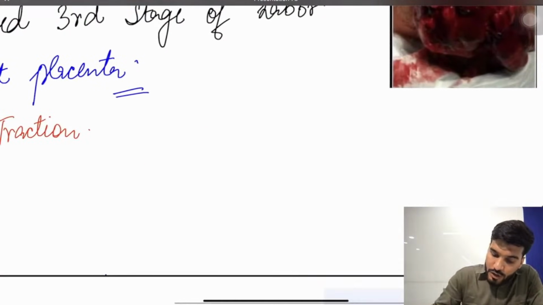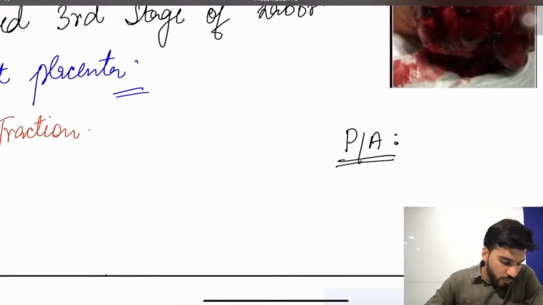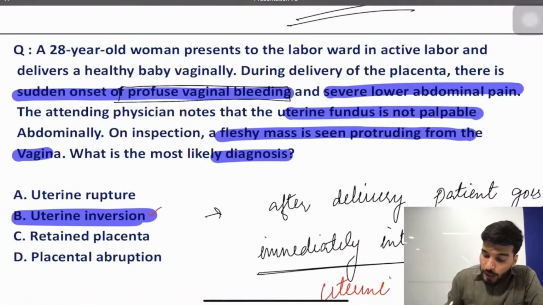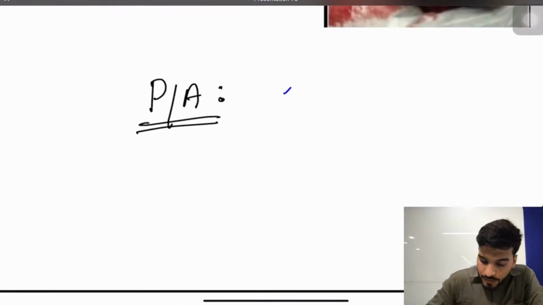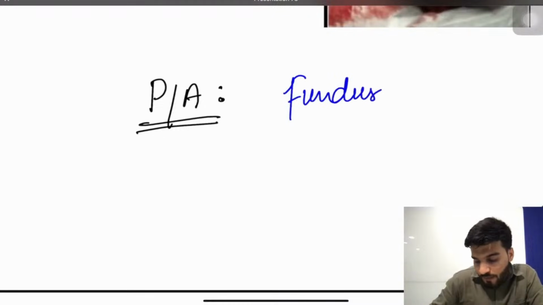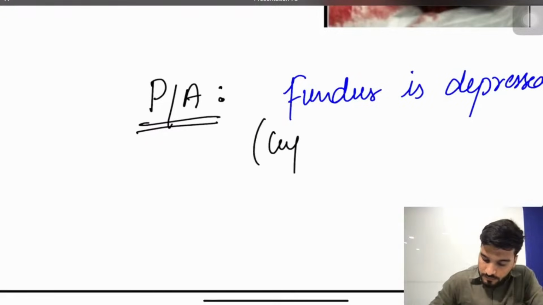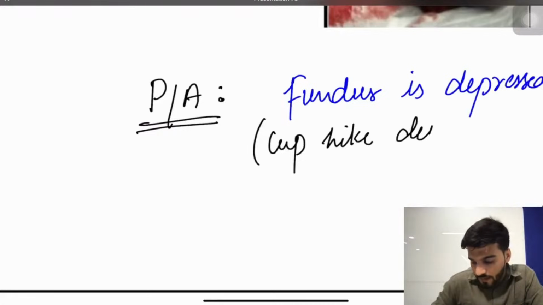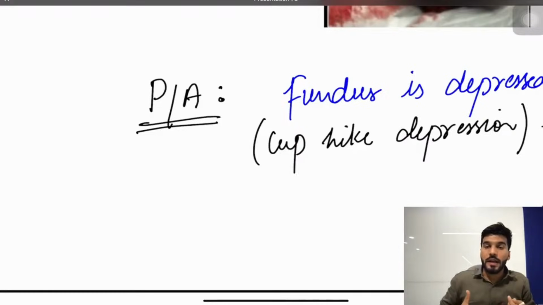Now when you are seeing the patient and going for the per abdominal examination, you will see the fundus is not palpated. That means the fundus is depressed. So write: on per abdominal examination, fundus is depressed, or there is a cup-like depression. Why? Because the uterus that you are trying to find over the fundus is outside.